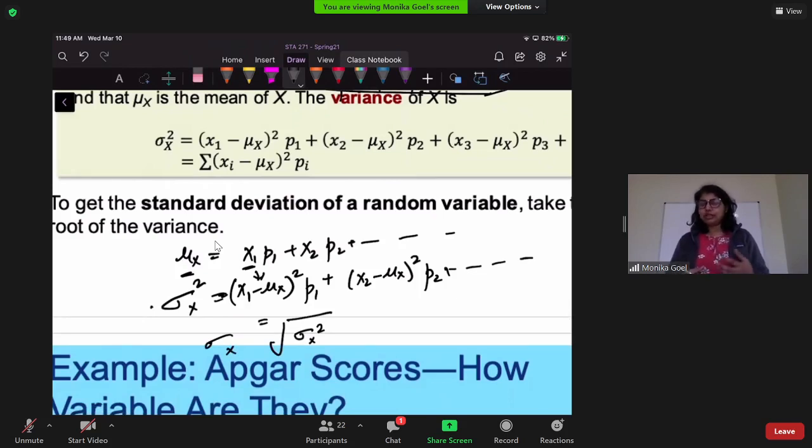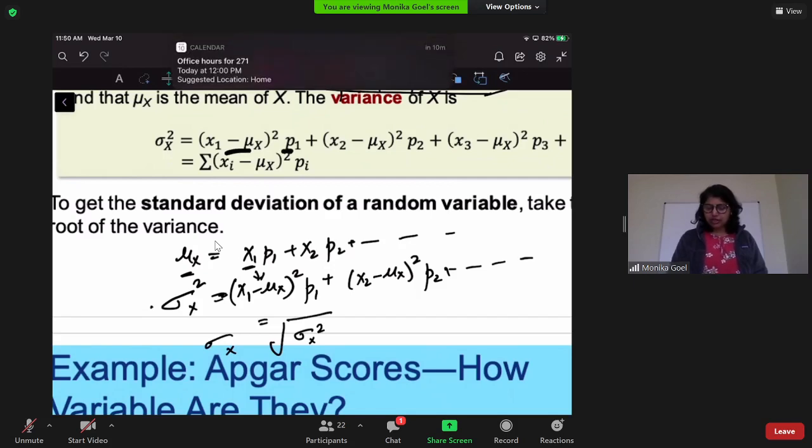So variance, again, when we calculate variance, we need the mean because we are looking at how far each observation is, or what are the variations around the mean. So first thing, to find variance, we need to calculate mean. Then subtract the mean from each observation, multiply with its probability, subtract, multiply with its probability, and then keep on adding.